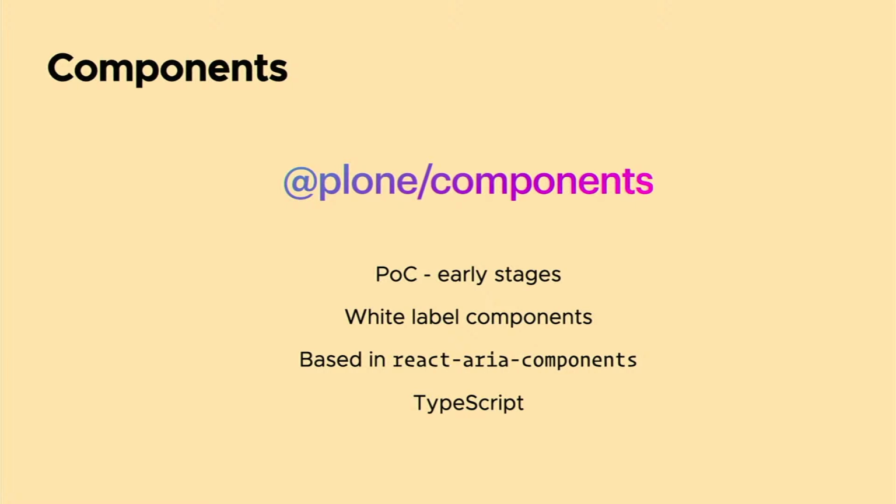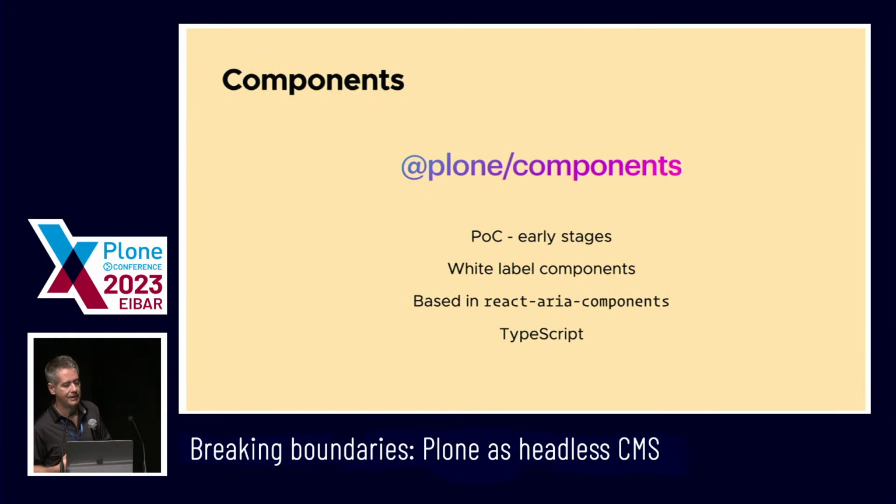But one could think about, I will make Plone components Angular, Plone components Vue, or Svelte, right? The idea is to go first with React, which is what we have now. There's a POC. It's in very early stages, but also getting there as building blocks and everything. We'll have also TypeScript support.